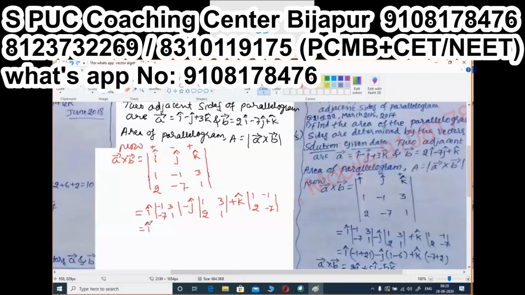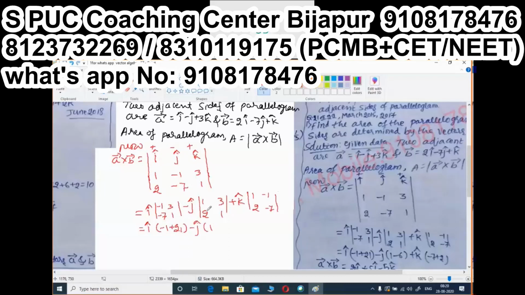That is i cap of this into this, that is minus 1 into 1 minus 1, this into this. Here is minus, always on this side you are taking a minus, minus plus it is going to come. So that is minus 21, minus of minus, plus 21 it is going to come out. Okay, minus j cap of this into this, that is 1.